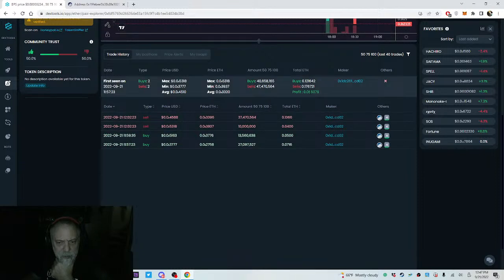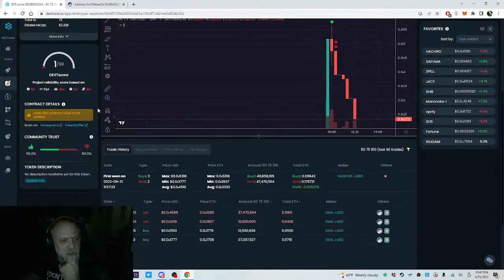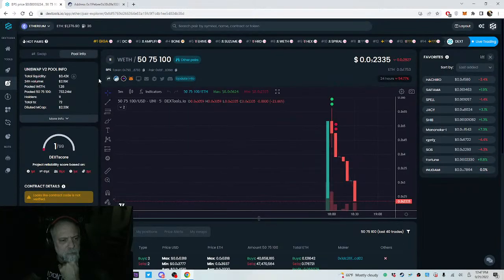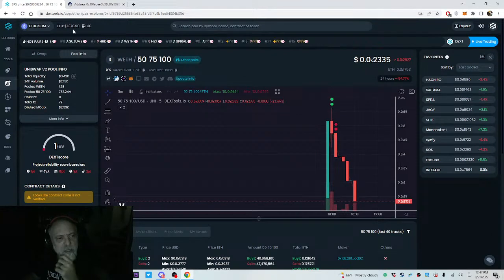And not bad. On a $1,300 Ether, he's got a 0.55. Actually, let's go just with 1376. So 0.55 would be, what, $70 profit? But gas is up there at 36, so we're talking at least $10 to $15 in gas price.